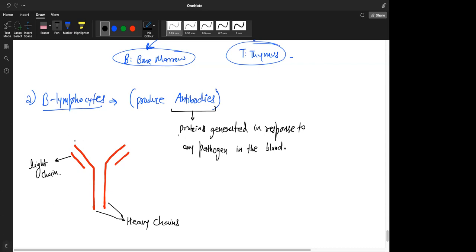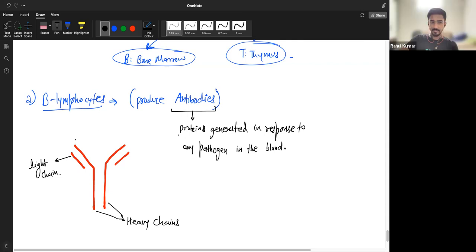Yes, sir. And towards where the light chain is bound, this is the nitrogen end, N terminal, and C terminal. So proteins have an N terminal and a C terminal, nitrogen terminal and carbon terminal. Because if they are proteins, they must be formed from amino acids, right? What is the structure of an amino acid?